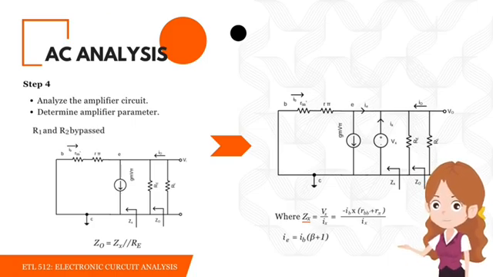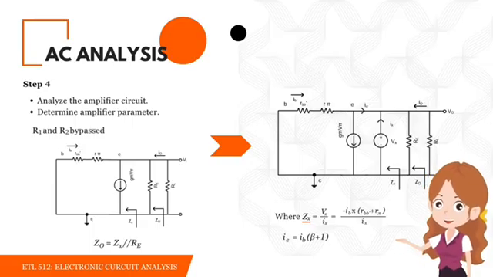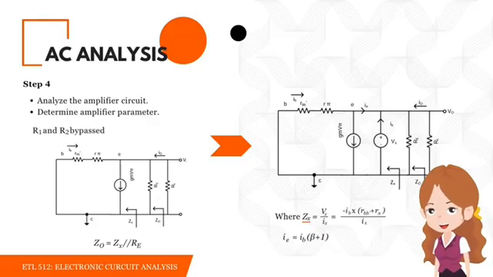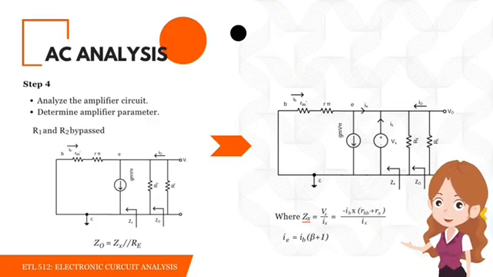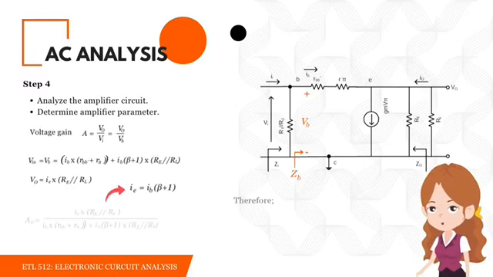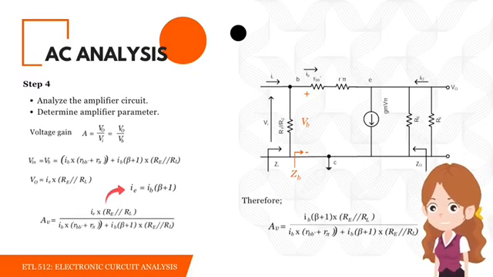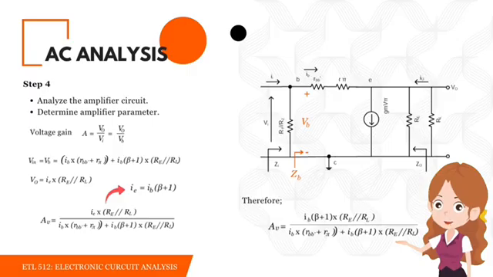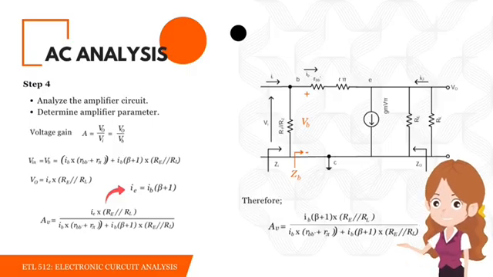We know that V pi equals IB times R pi, so substituting that gives us negative Gm times R pi times IB multiplied by RC parallel RL. After simplification, the gain formula becomes negative Gm times R pi multiplied by open bracket RC parallel RL close bracket divided by Vin. Finally, let's put in the numbers.